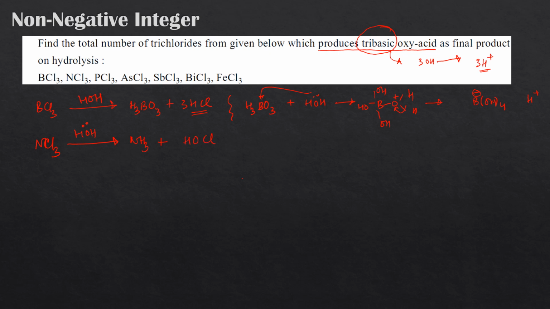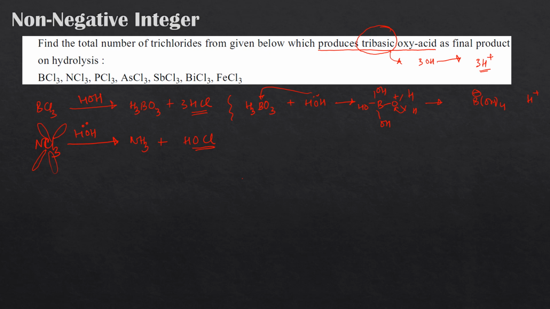The lone pair of oxygen goes directly into the empty d orbital of chlorine, so chlorine forms a bond with oxygen. This gives us NH3 and HOCl.